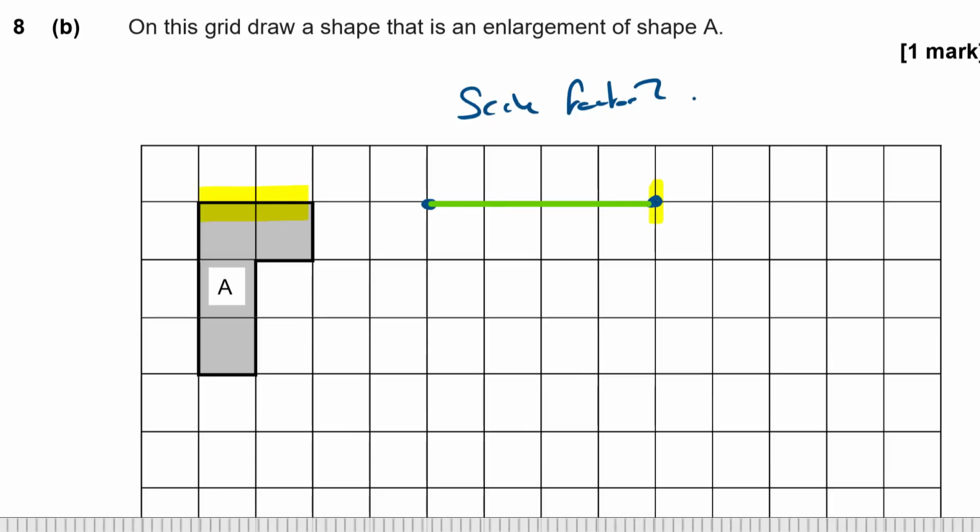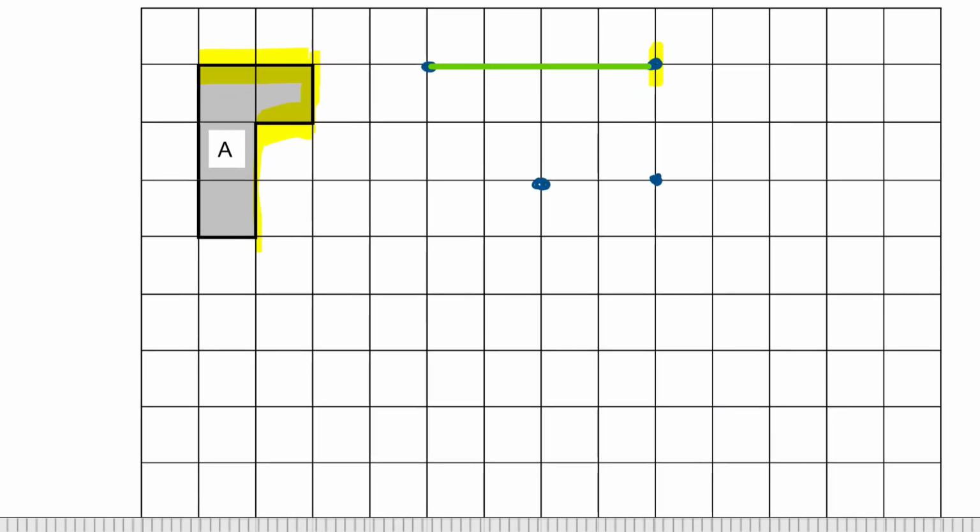Then going down this way, I've got 1 square. So doubling that up, that's going to be 2 squares, isn't it? It's going to go down to there. And then going this way, it's 1 square, so on my diagram, it's going to be 2 squares. And then going down like that, it's going to be 2 squares, so on my image, it's going to be twice as far.